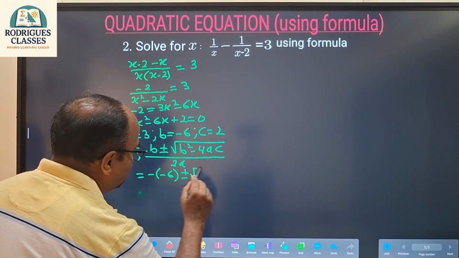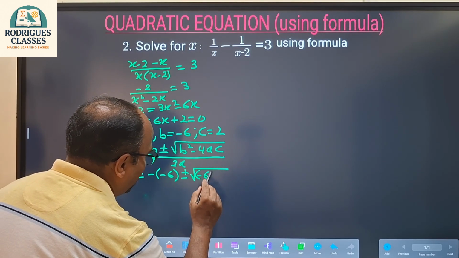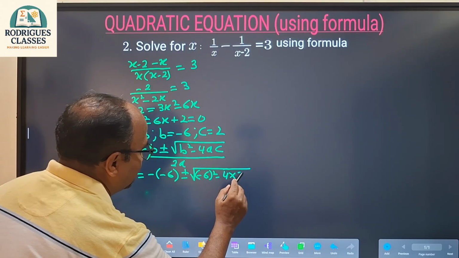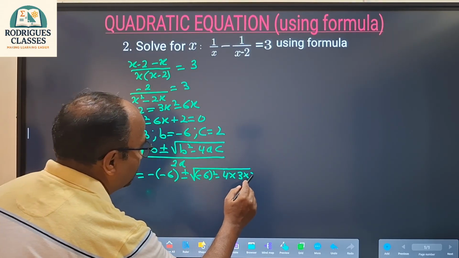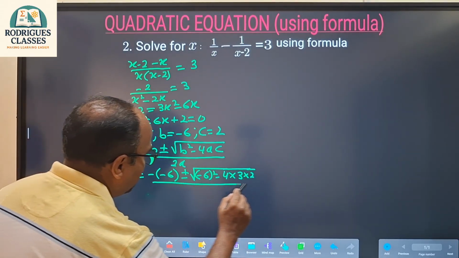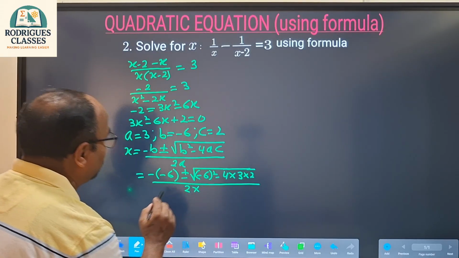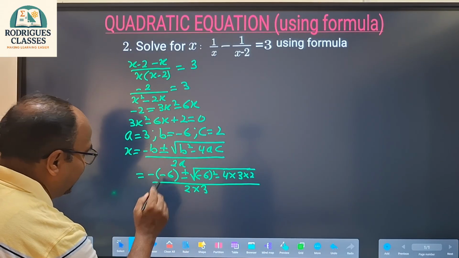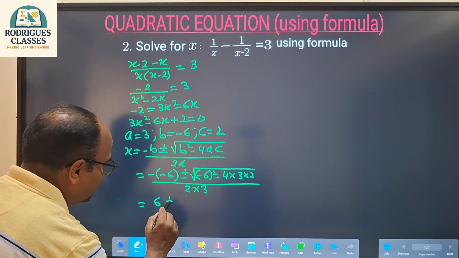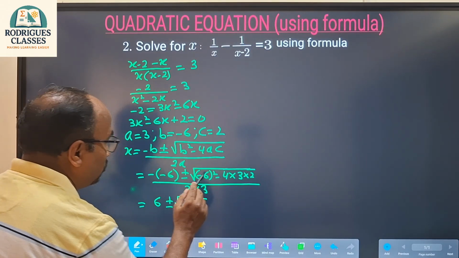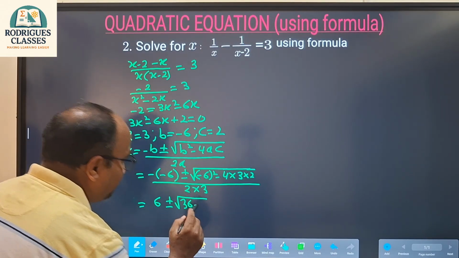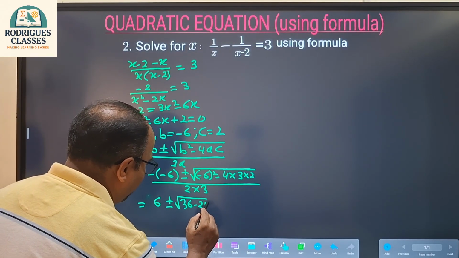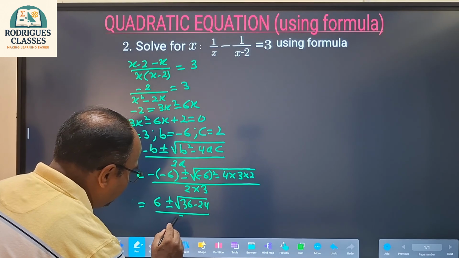Then plus minus root over minus 6 square minus 4 into a value is 3 and c value is 2 divided by 2 into a value is 3. So minus and minus becomes plus. Plus minus root over here 36 minus 4 3s is 12, 12 2s is 24 divided by 6.